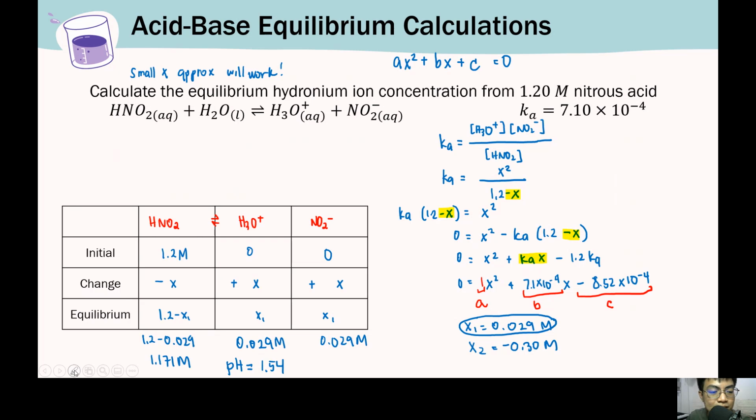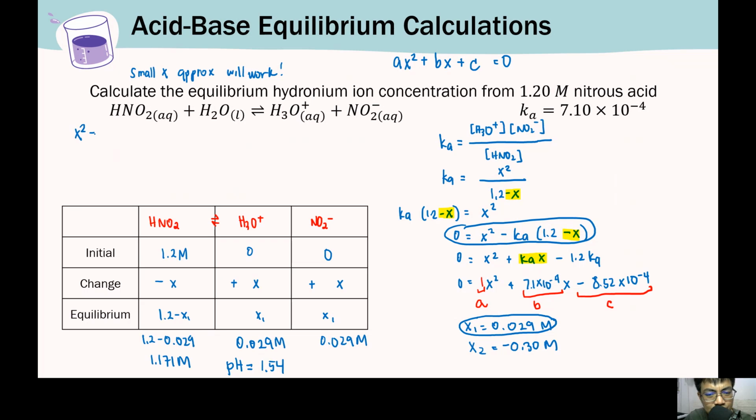Okay? So sabi ng small x approximation is that if you have a ratio that's greater than 1,000, if you divide this concentration by the K, if that's greater than 1,000, then you can just simply omit this. Pwede mo siya burahin. Okay? And what will happen if you omit that? So let's do it. I'll copy this one and write it here.